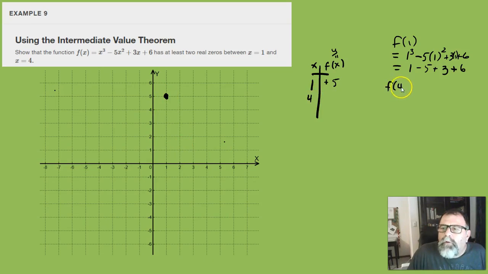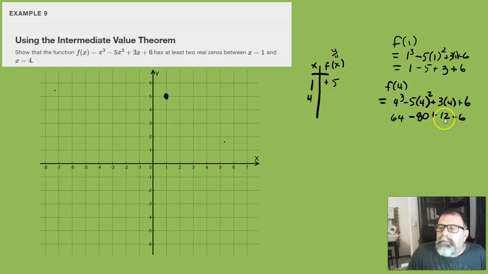So f of 4 will be 4 cubed minus 5 times 4 squared plus 3 times 4 plus 6. So we get 64 minus 80, plus 12 plus 6, so 76, 82 minus 80 is 2.